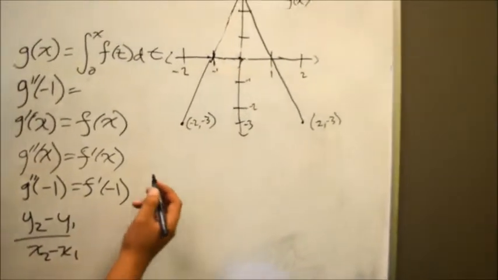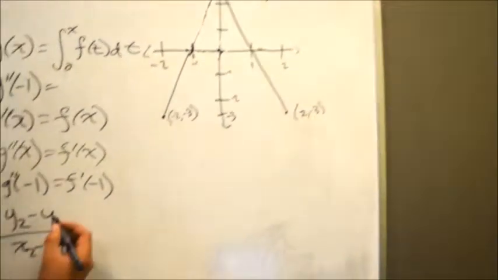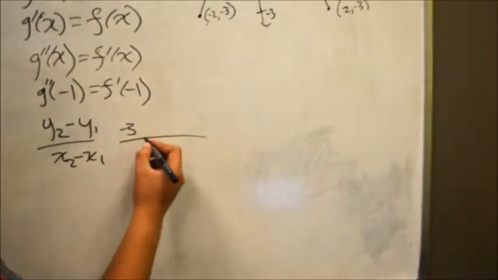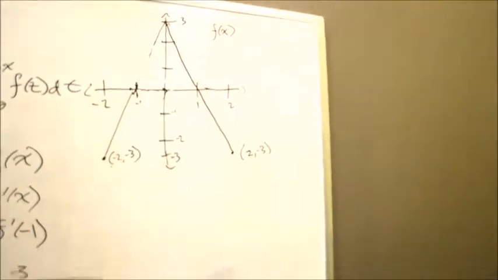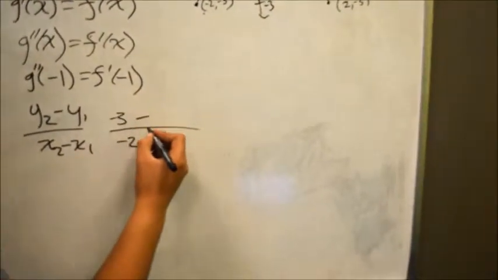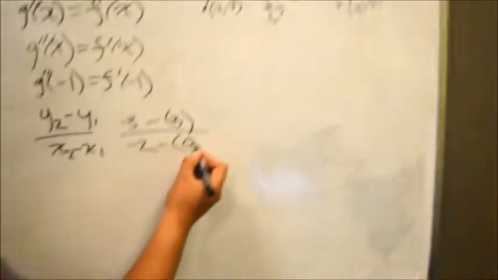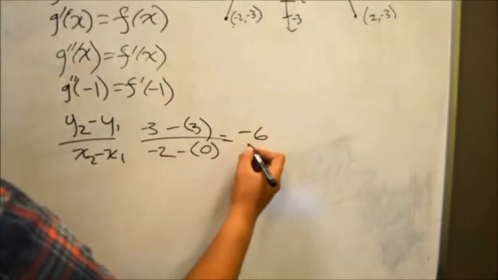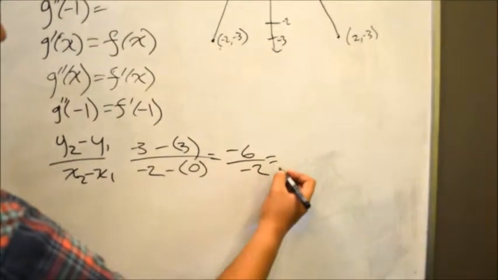We would choose this point to be our -3 and -2, and this to be our first point, so minus y sub 2, which is 3, and minus x sub 1, which is 0, and we get -6 over -2, which reduces to 3.